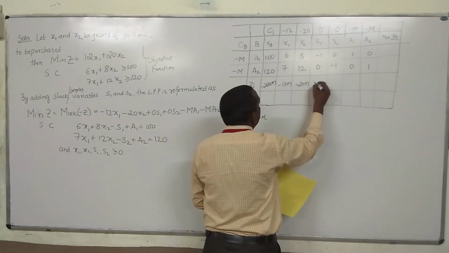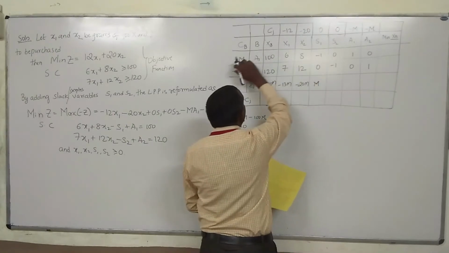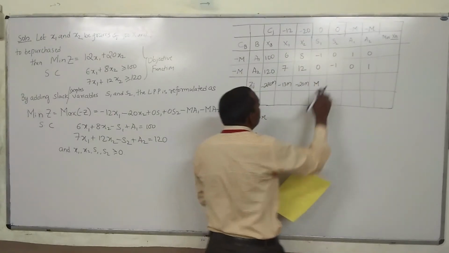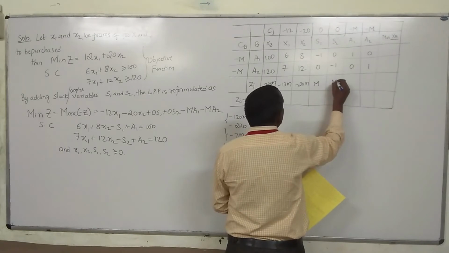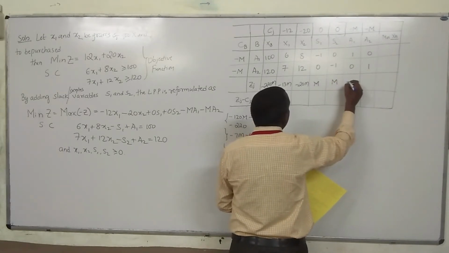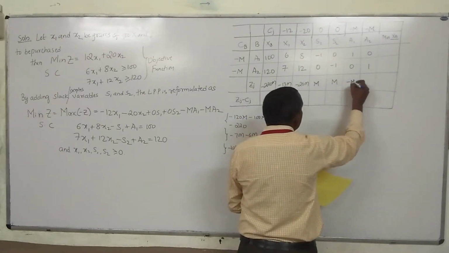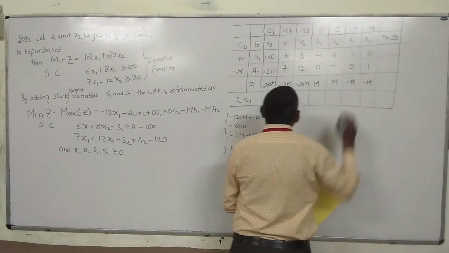Minus 1 into minus M is plus M. The same thing with this, plus M. So this is minus M, and this is also minus M.